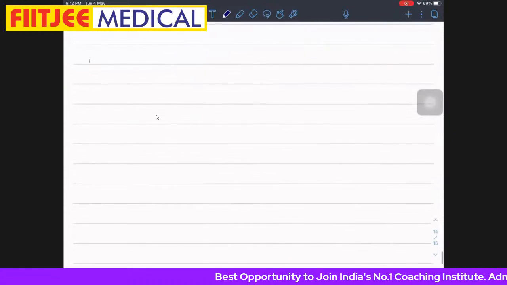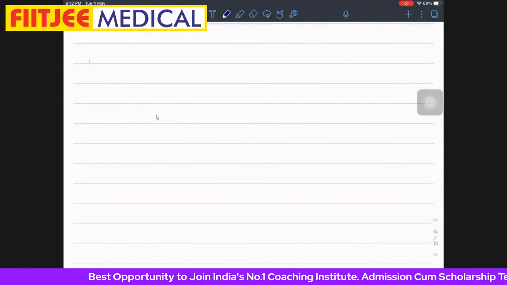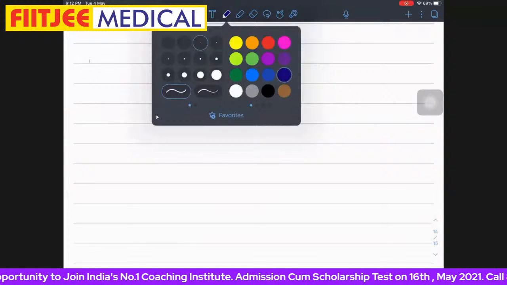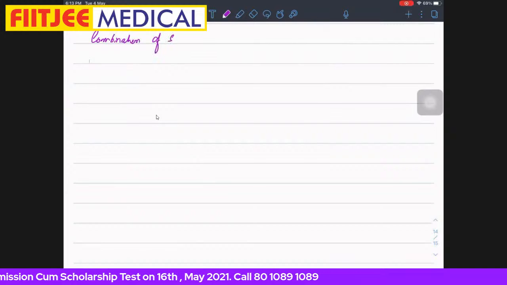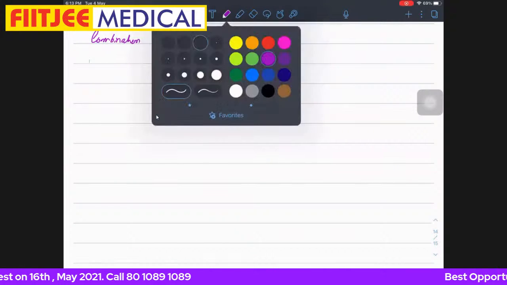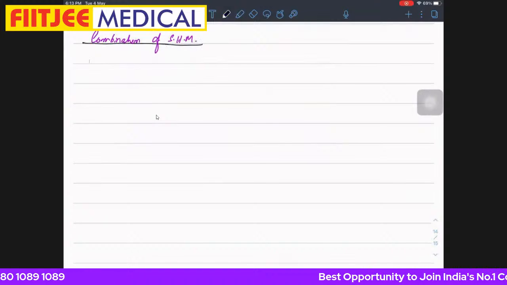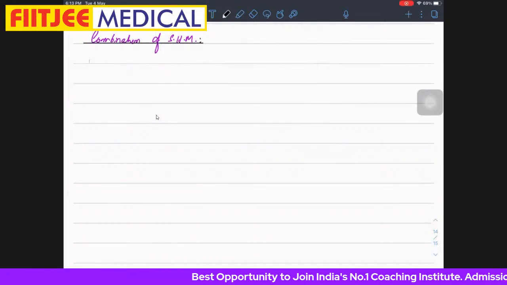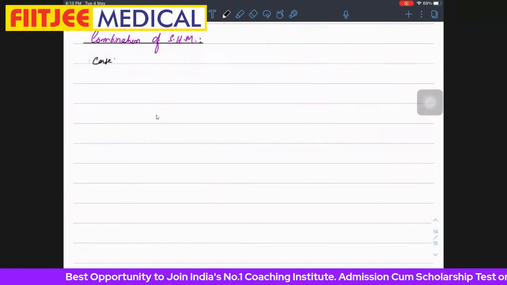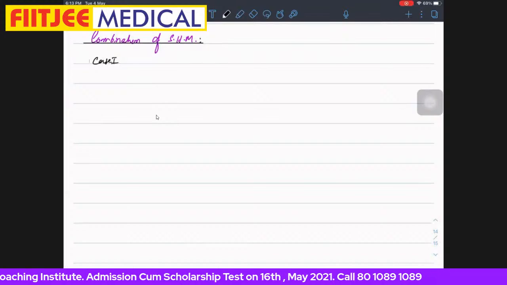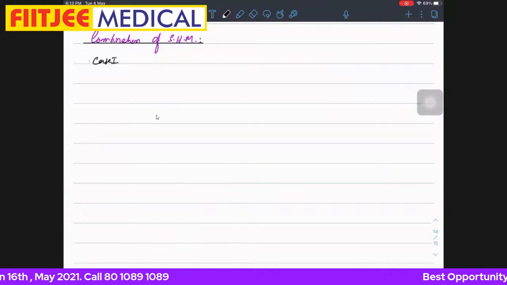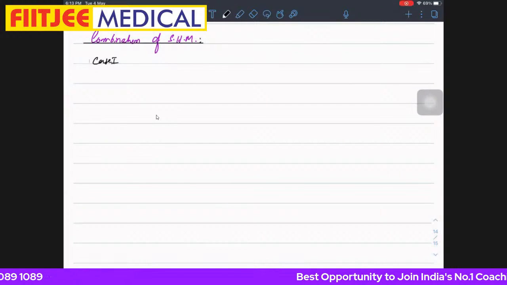Now we'll understand combination of SHM. Case 1. If two SHMs are moving in a horizontal direction and they are combined.